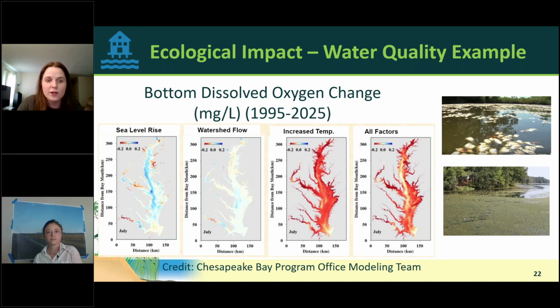So you have more volume of water that impacts the dissolved oxygen less, so there's actually an improvement. Watershed flow had to do with just more water entering the system, so you had this more volume of water. It was a very interesting finding.